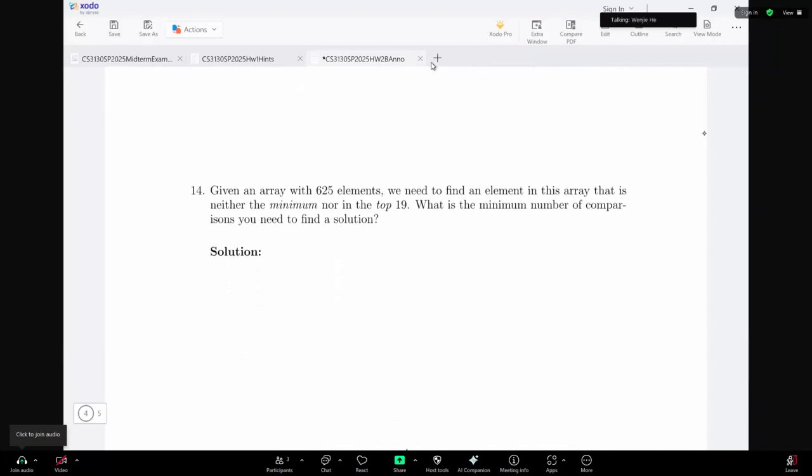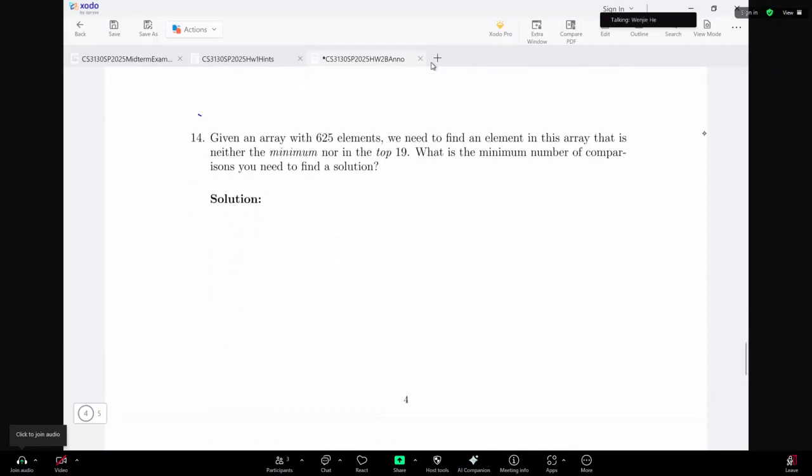All right, okay, number 14. This many elements. Then array that is neither the minimum, so not the minimum. Because based on our diagram, at the bottom, we should have at least one element below the right one.